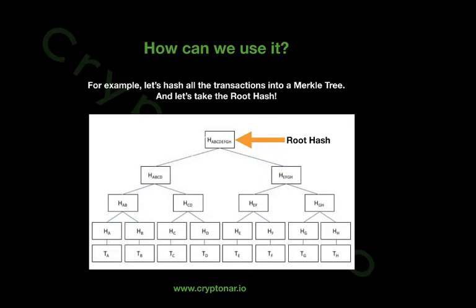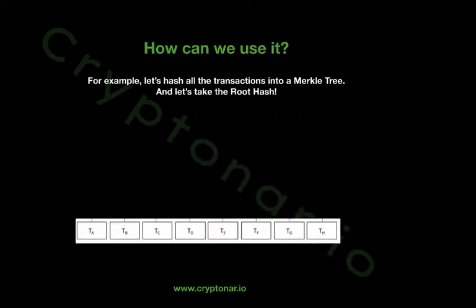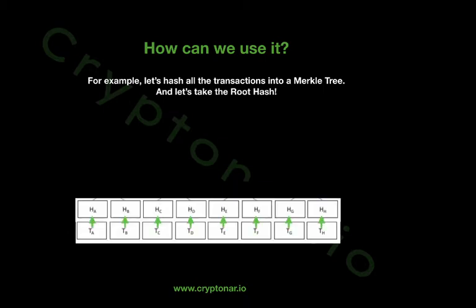What we saw a bit in a rush last time is this: let's say we have 8 transactions in this block. What happens if we make the hash of all of them? Every transaction gets its own hash, which is different from the others because of the properties we saw.